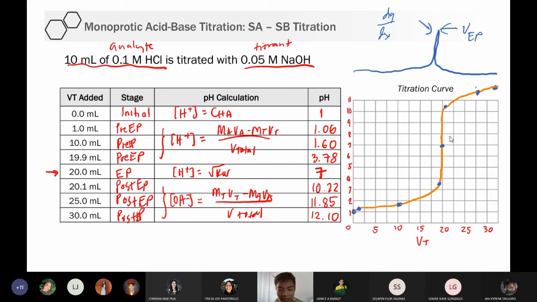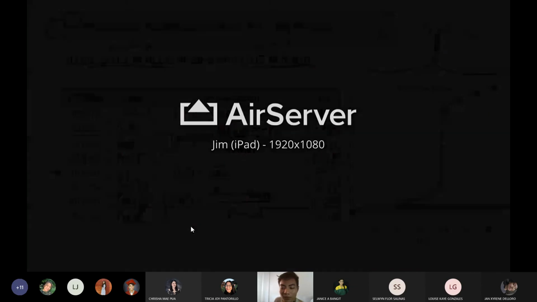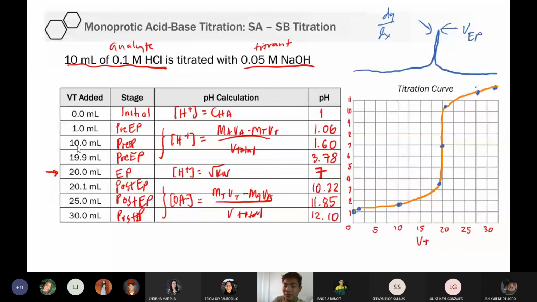Pero siyempre, hindi natin gagawin yan kasi hindi naman kayo BS Chem. Basics lang tayo. If you get the second derivative, makukuha mo rin yung endpoint. Medyo amazing yung calculus. Share ko lang. So, that's how we solve for SASB titration.